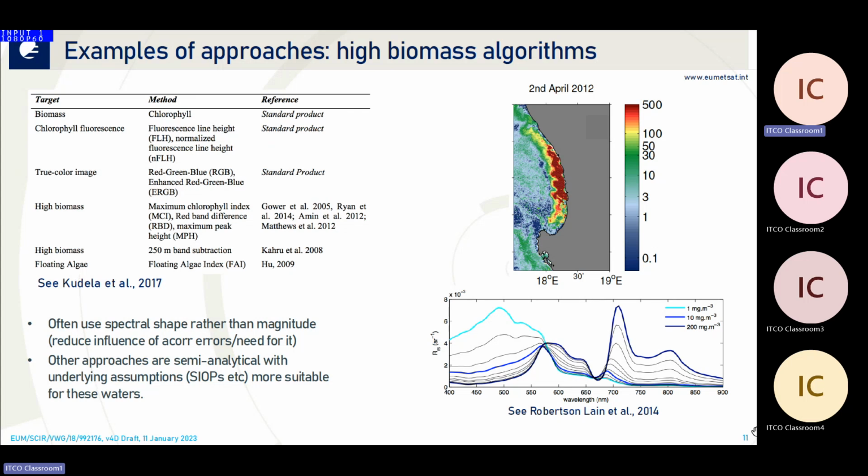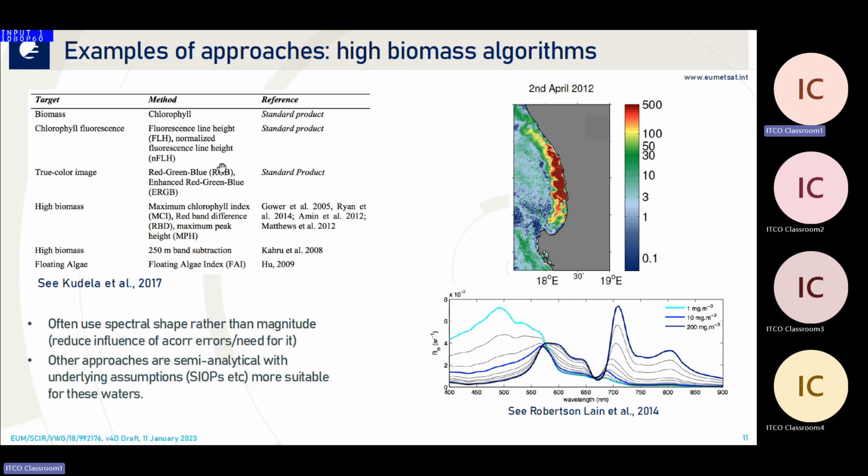And what we have here, in this work, is that by increasing the chlorophyll-a content in the water, we see that the peak of the reflectance moves to longer wavelengths. So instead of using only the blue and the green bands, we can also use the red edge bands, or the infrared bands.